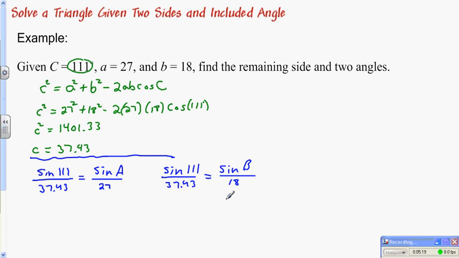And if I do that, I'll get sine B equals, now this is a proportion, so we cross multiply, 18 times sine 111 divided by 37.43. That should give us about 0.449. We're looking for angle B, so we'll have to do sine inverse.